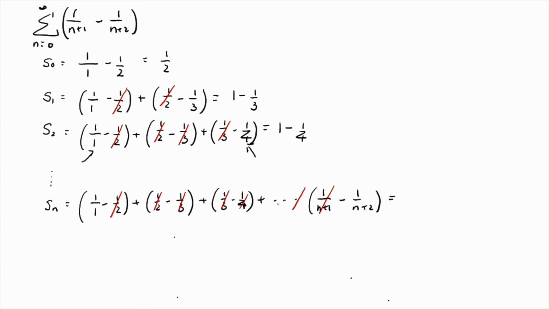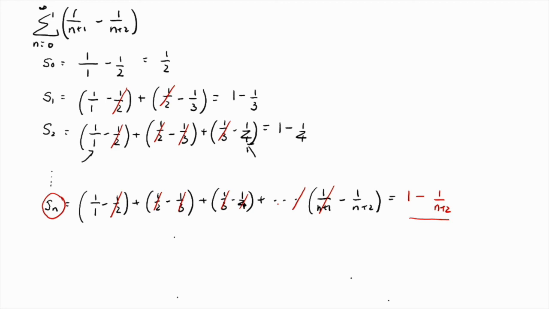So all of the terms in between the first and the last term will cancel out, and in the end you are left with one term at the start and one term at the end. So here it appears like you've got a really nice formula for the nth partial sum, and that is equal to 1 minus 1 over n plus 2.